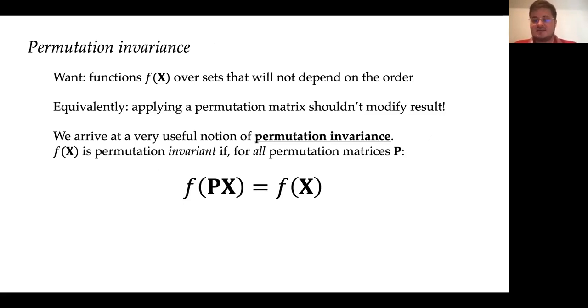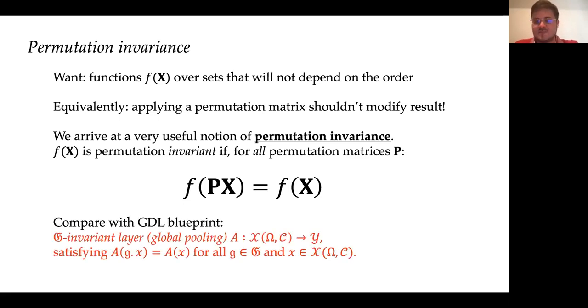We say that the set neural network f(X) is permutation invariant if no matter what permutation matrix I choose, the result is the same regardless of whether I've applied that permutation matrix or not. So if our neural network f satisfies this property, then we say it is permutation invariant, and it's probably a very useful property to have if we assume that our domain is unordered sets.